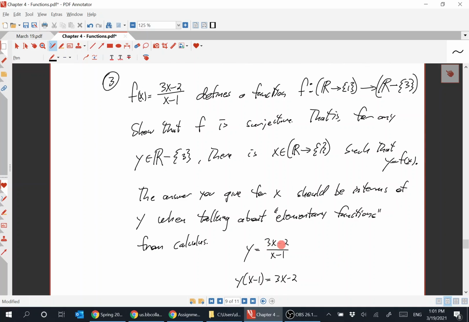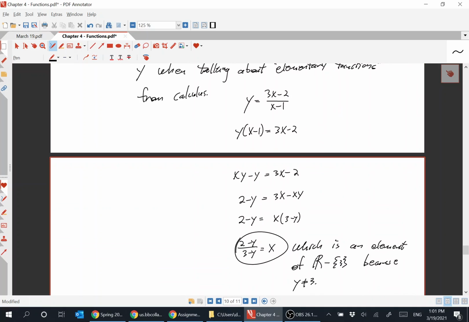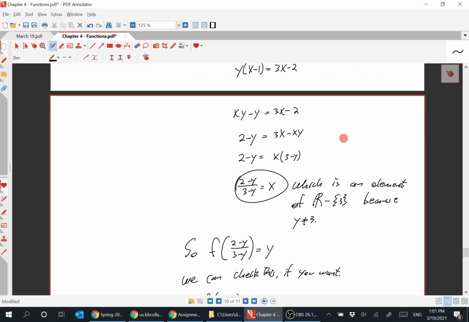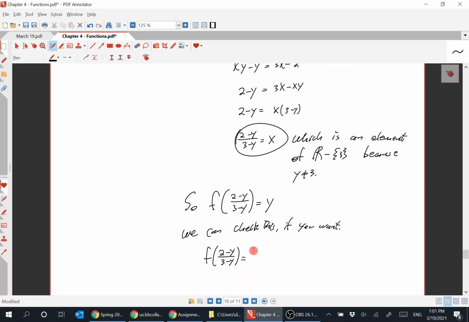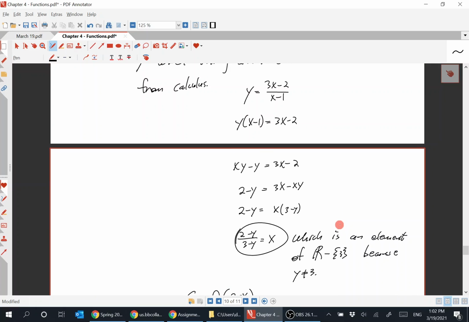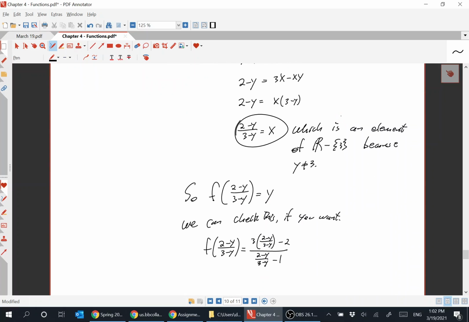The function f was 3x minus 2 over x minus 1. So 3 times this thing. I think that's it. Yeah, 3x minus 2 over x minus 1.